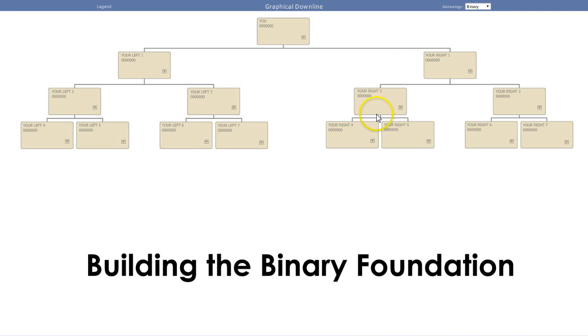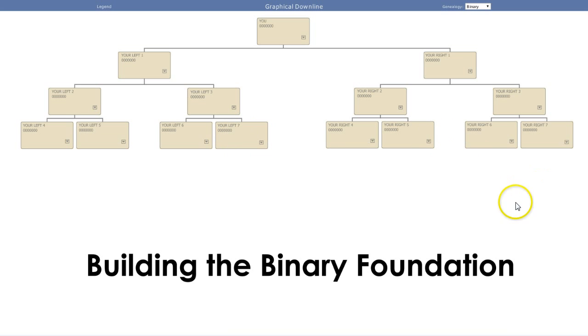7 people, but again, this person right here has volume on both legs. Now, again, look here, your number 2 left and your number 3 left, your number 2 right and your number 3 right, they also have volume on both legs.